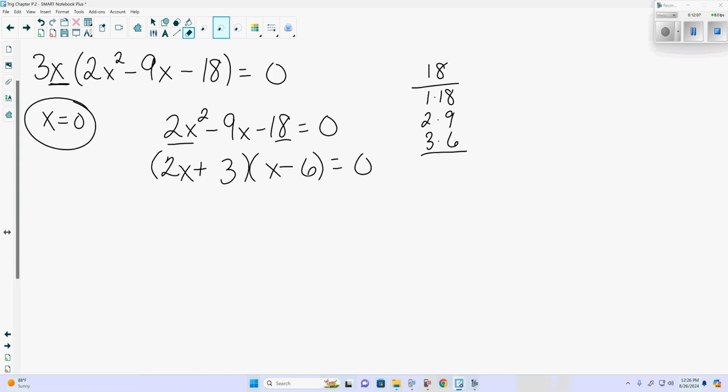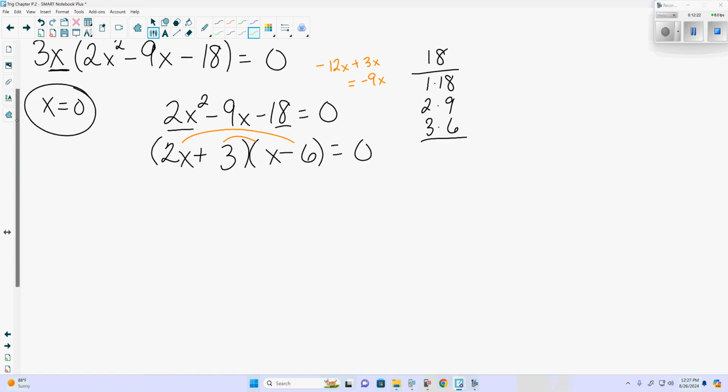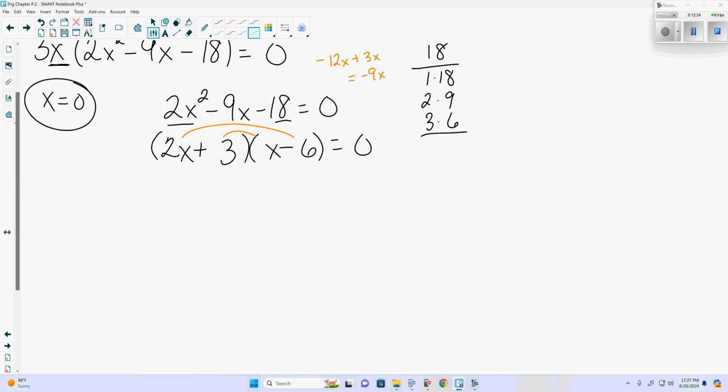But it doesn't, so we'll put it this way here. Now if we check this, 2x times negative 6 is negative 12x. 3 times x is positive 3x, which gives us negative 9x like we wanted. So these are the correct factors.